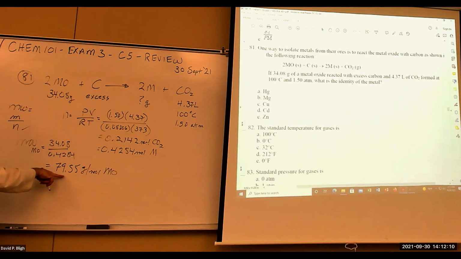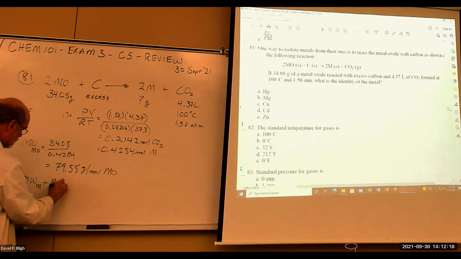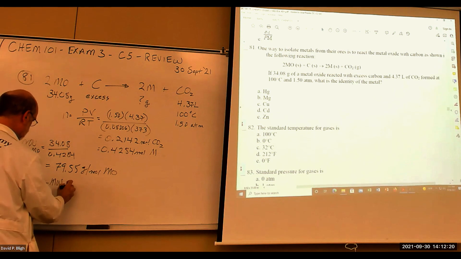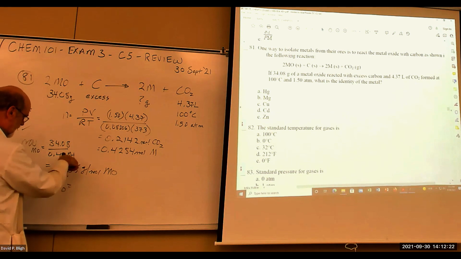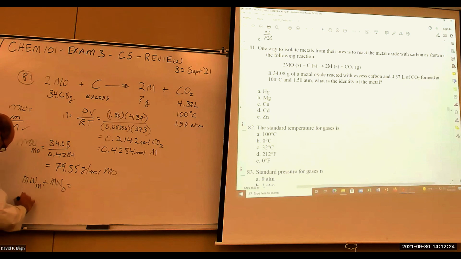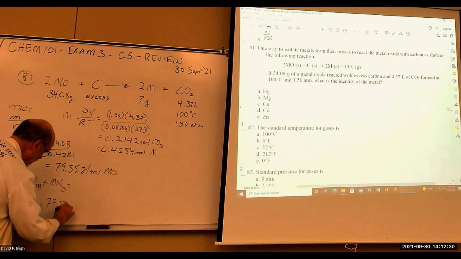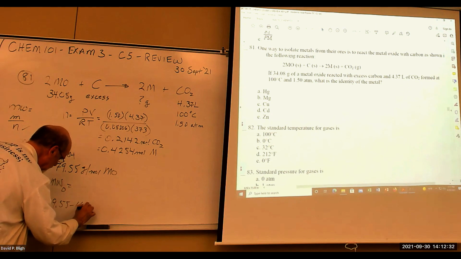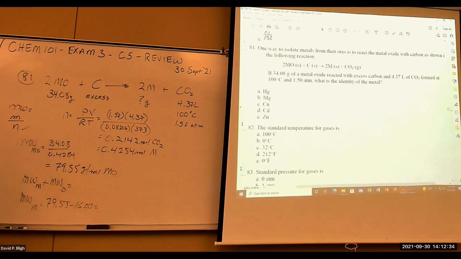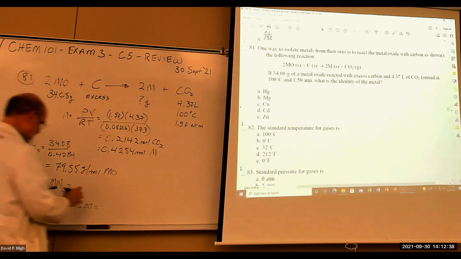And that is the molecular weight of the metal plus the molecular weight of oxygen, which is equal to that. So the molecular weight of the metal is equal to 79.55 minus 16, which is 63.6.